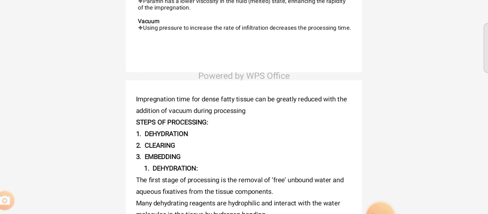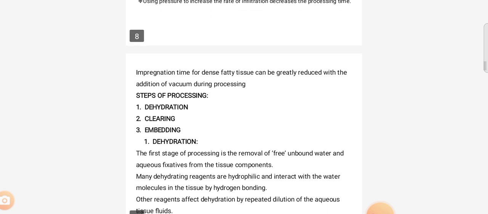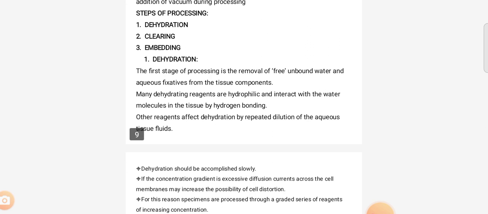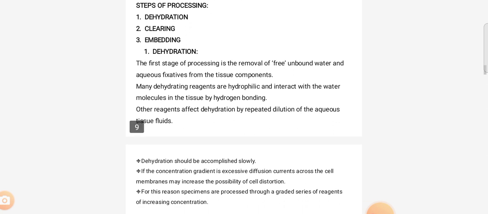Next one, step two of processing, dehydration. Dehydration, clearing and embedding. What is meant by dehydration? The removal of water from the tissues, apart from the fixative components. Many dehydrating agents are hydrophilic and interact with the water molecules in the tissue by hydrogen bonding. Other reagents affect dehydration by repeated dilution of the aqueous tissue fluids.